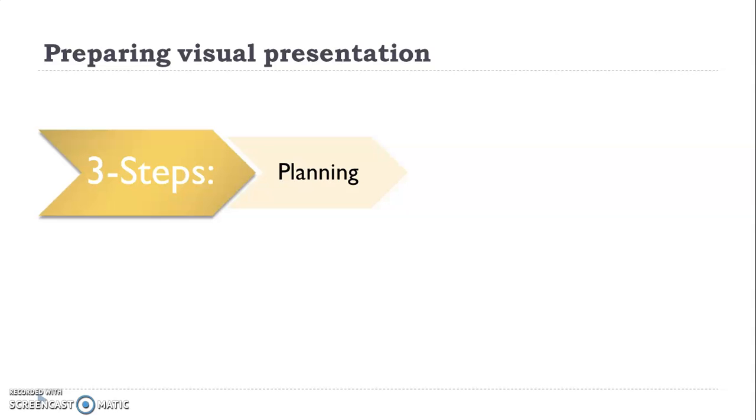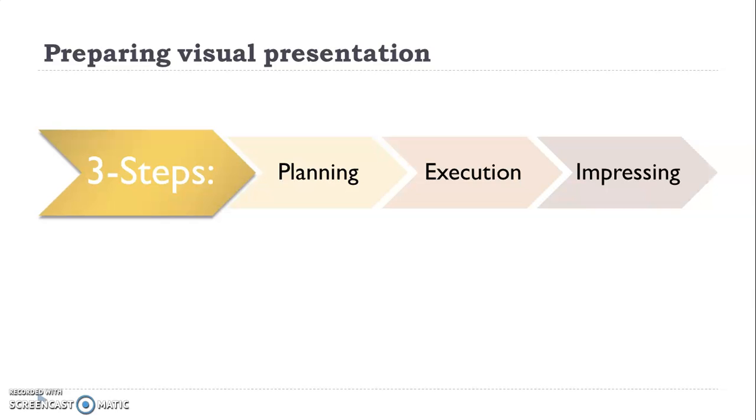Now, how to prepare visual presentations. We have three basic steps to prepare the presentation. The first is planning, which involves the planning, execution and impressing the audience. The planning involves the content of your presentation and how to organize that content in your slide.